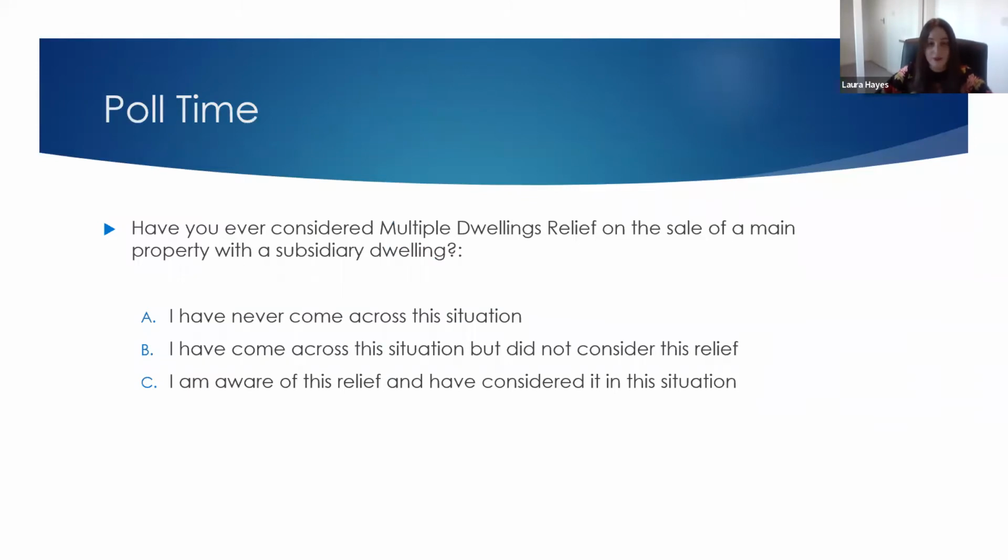Okay, so now it's time for our poll. The question today is, have you ever considered multiple dwellings relief on the sale of a main property with a subsidiary dwelling? Ryan, could you please launch the poll for us? We'd be very grateful if you could put in your answers to this question.